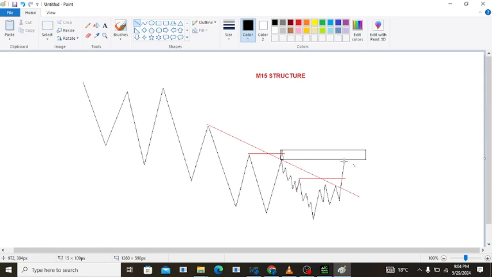Then price pushes upward. Then it reaches our point of interest around this area. This is what I'm looking for. If the price distributes, this is the type of price I'm looking for when the price reaches this area.